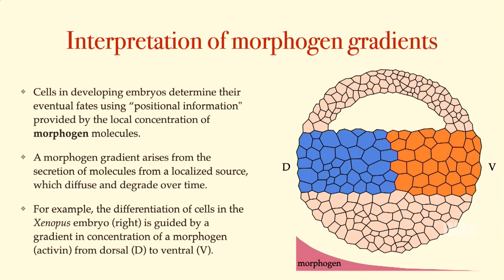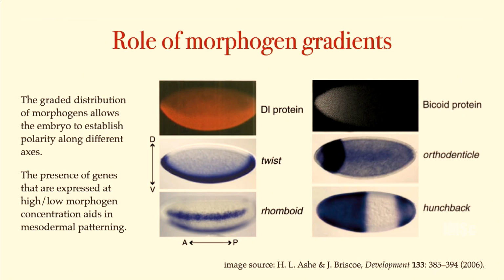So, for example, in the case of the Xenopus embryo, the differentiation of cells is guided by the concentration of the morphogen activin from the dorsal to the ventral side, and so here's an example of how morphogen gradients can also help to establish polarity in an embryo.